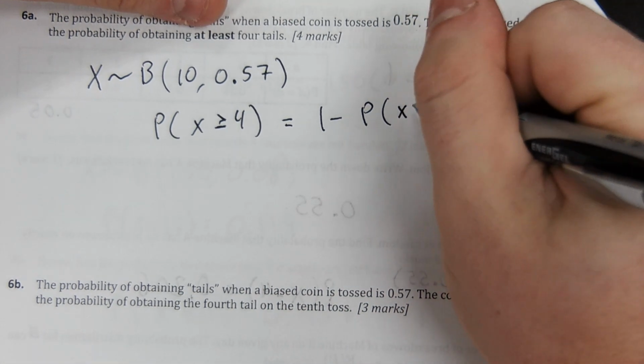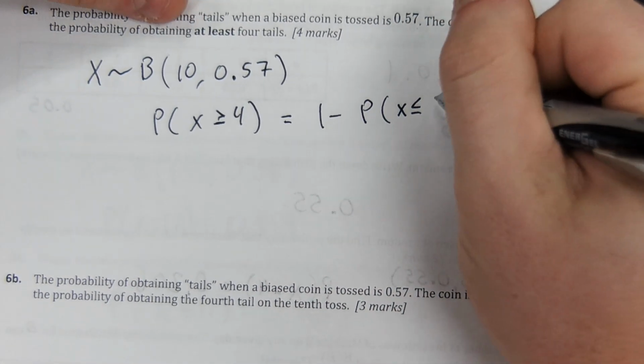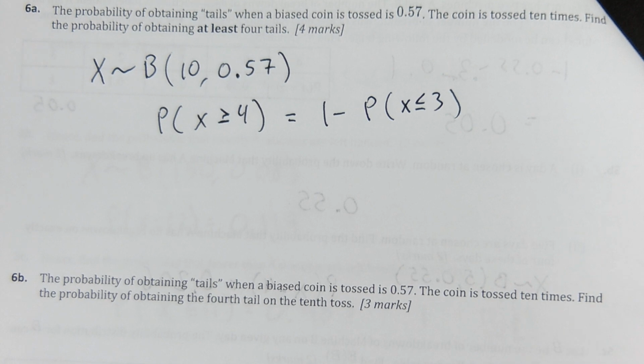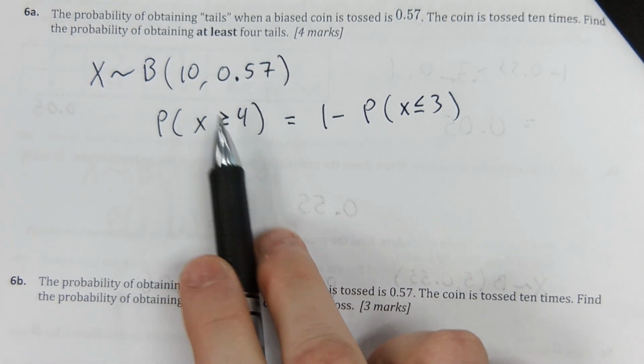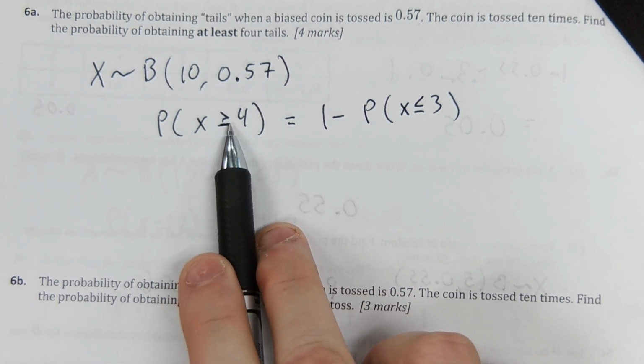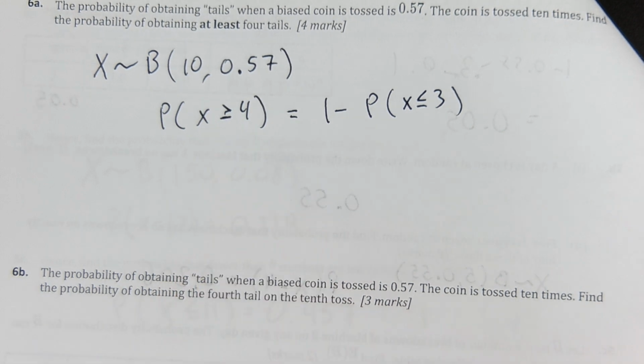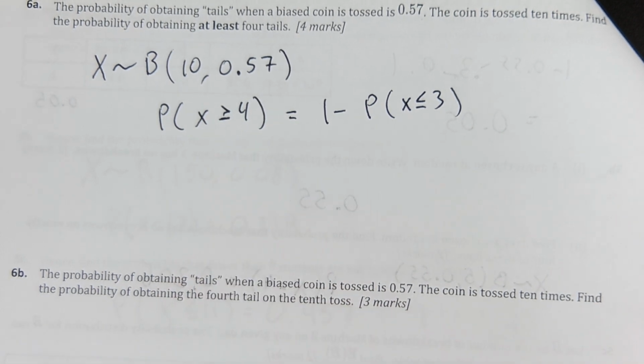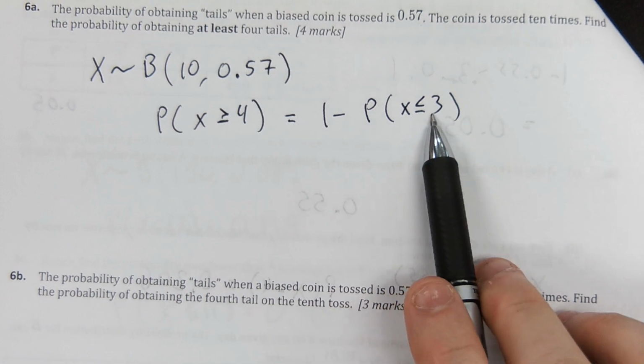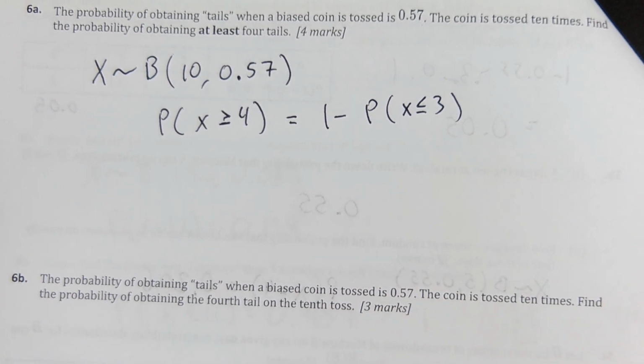Less than or equal to what? 3. We want to be careful because 4 or more was what we were looking for. So if it's not 4 or more, it's clearly less than 4. Since there's nothing between 3 and 4, you have to go with just less than or equal to 3. Cool? All right. And then from there, it's a calculator question.